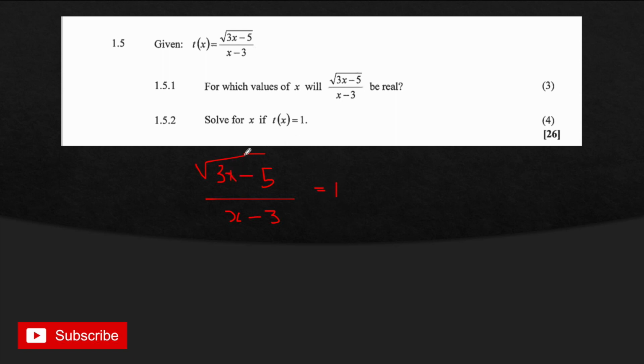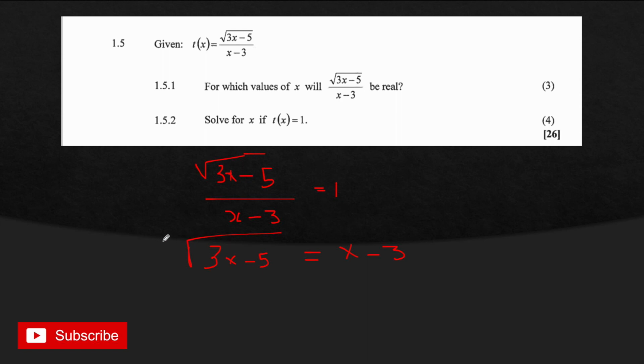All right. Now we'll multiply both sides by x minus 3. We'll have the square root of 3x minus 5 is equal to x minus 3.